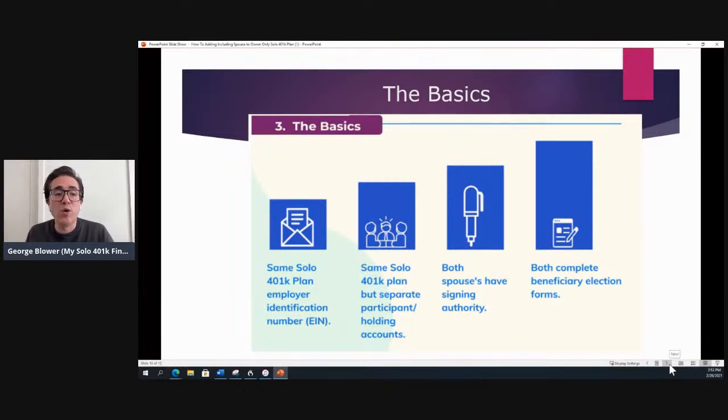They will have signing authority, but they wouldn't have their own separate account or their retirement money. To have your spouse as the co-trustee, they don't need to be reporting their own self-employment income. They're just a co-trustee only. So you would enter the name and put co-trustee only on the application so we understand what you're trying to do.